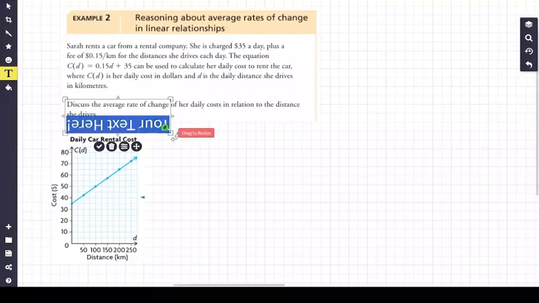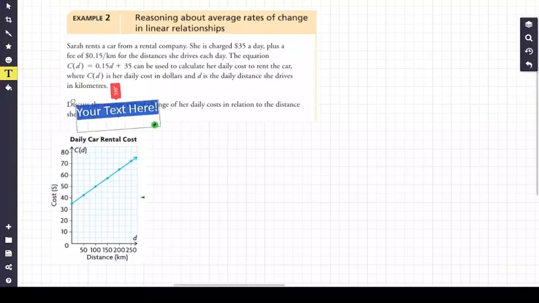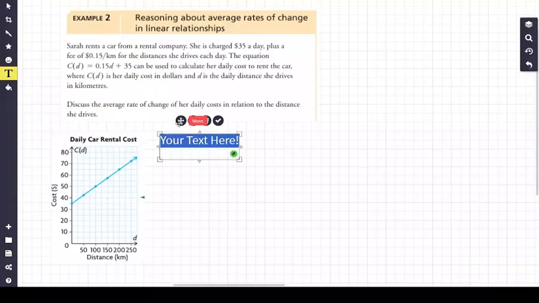Let's pick the interval from 0 to 100, so the average rate of change of cost from 0 kilometers driven to 100 kilometers driven. And we will also do 100 to 250, from 100 kilometers driven to 250 kilometers driven.